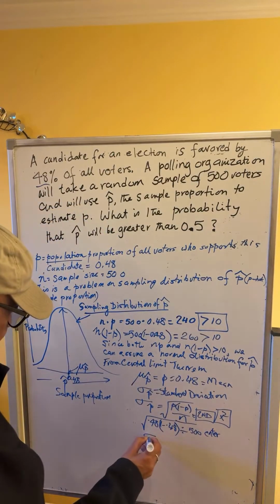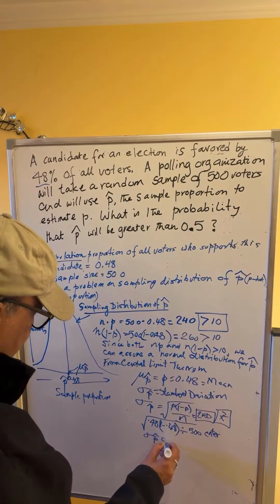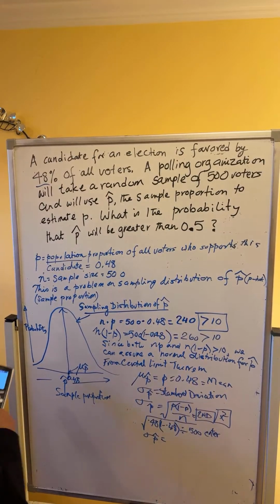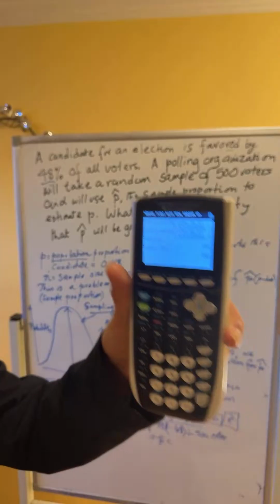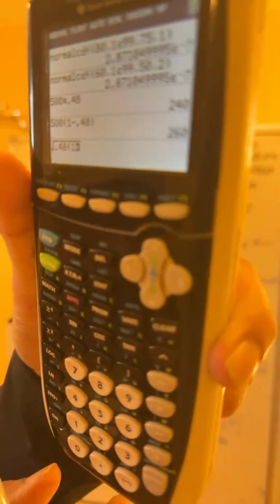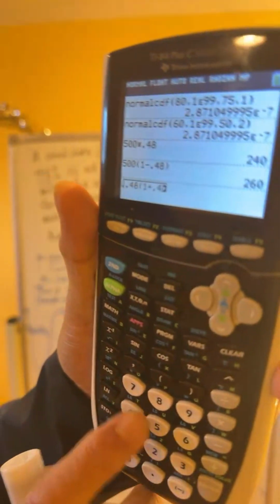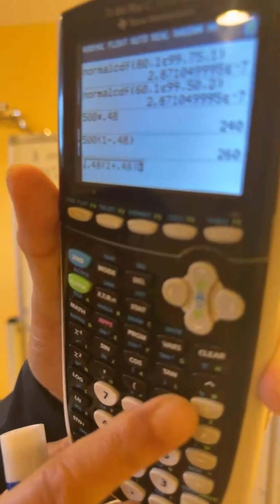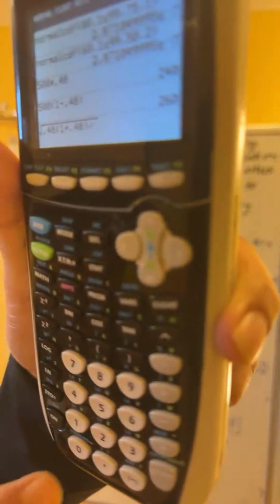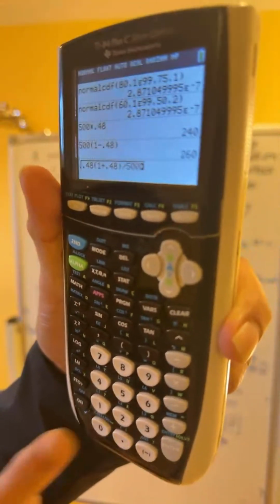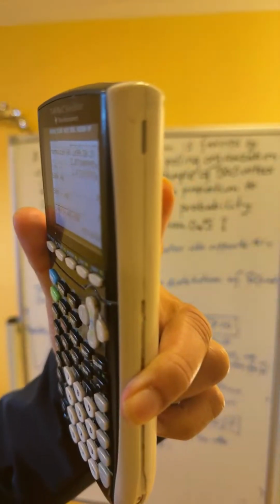So sigma p hat, like I said, is second button and then x square, which is halfway down in the first column, gives me the square root. Inside the square root, 0.48, left parenthesis 1 minus 0.48, right parenthesis, then divided by sample size of 500, n, and hit enter.